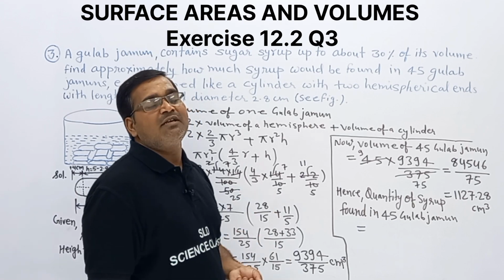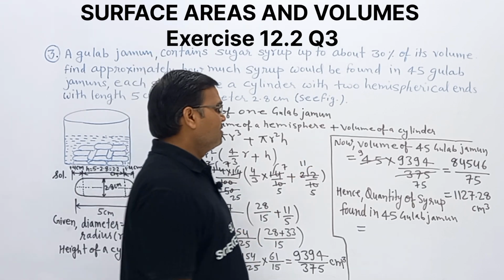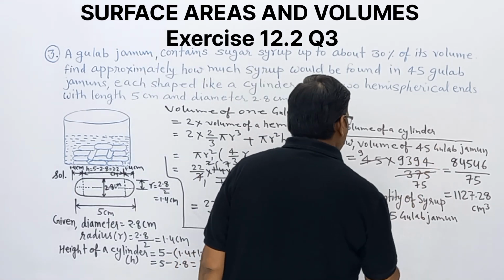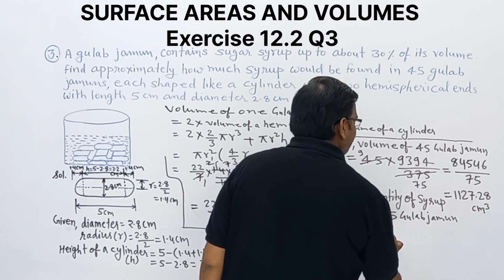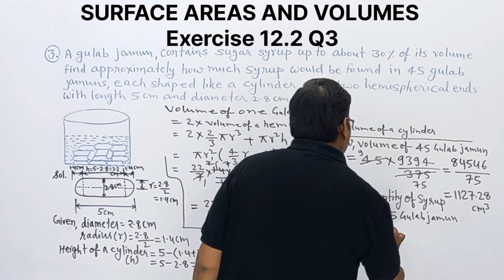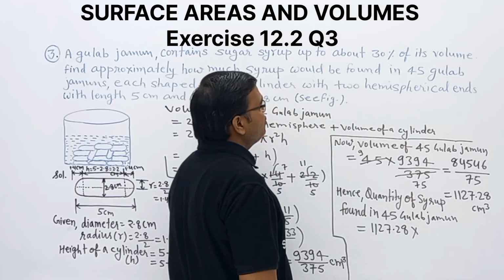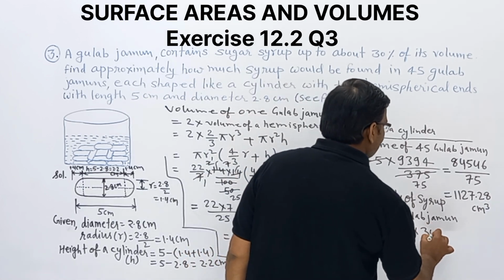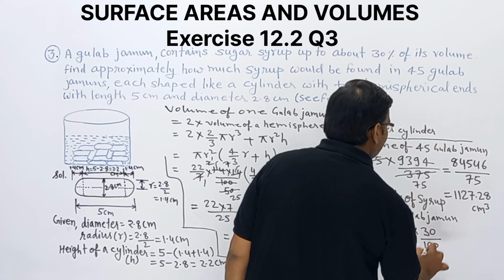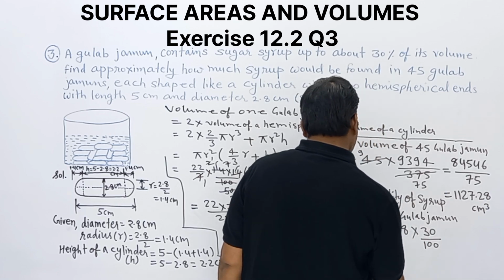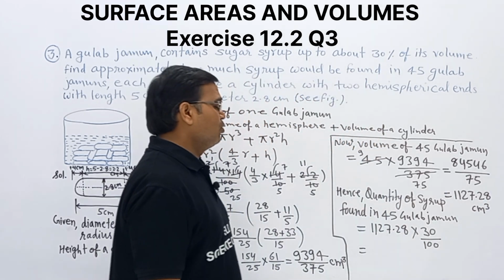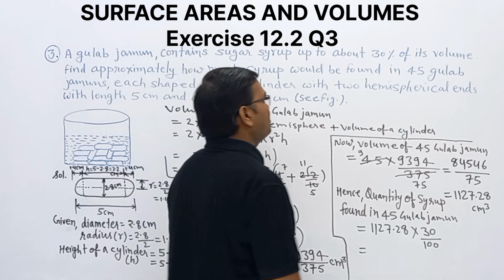So sugar syrup containing in total volume will be what? 1127.28 multiplied by 30%. 30% means 30 upon 100. Solve this one. Once we multiplied and solved, then we are getting what?